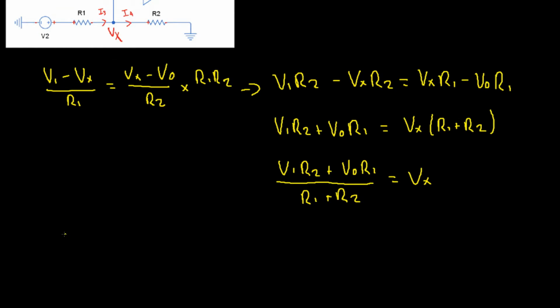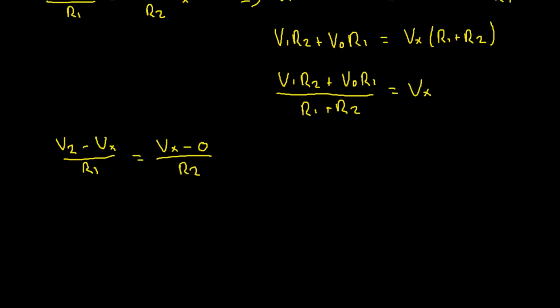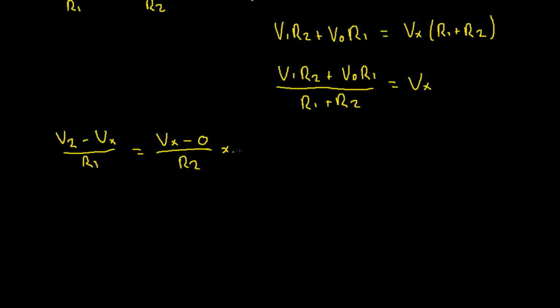We have I3 entering, which can be given by V2 minus the voltage at this node here, Vx, divided by the resistance R1, and then that's equal to the current leaving I4, which can be given by Vx minus ground, which is simply 0, divided by R2. Okay, so I think you might know what we're going to do here. We're going to multiply through by R1 R2, and that will give us V2 R2 minus Vx R2 is equal to Vx R1.